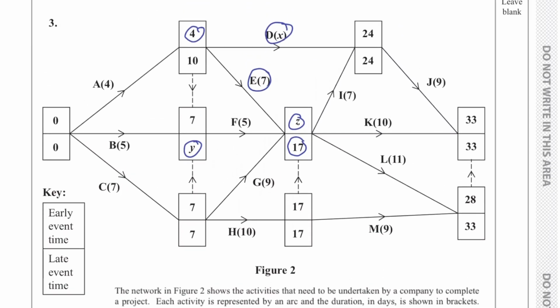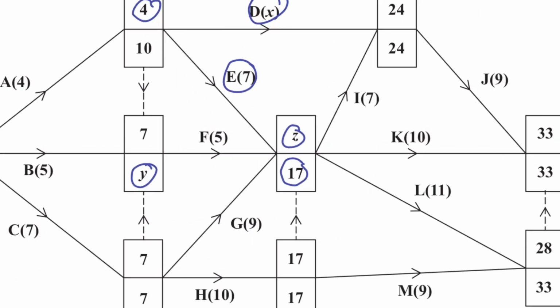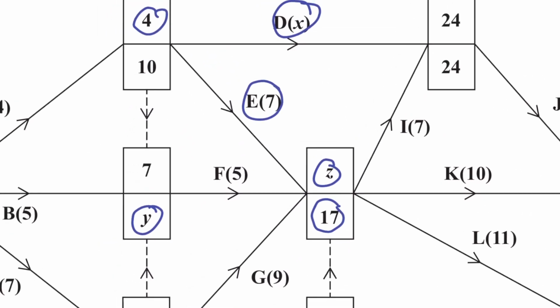Now we need to find the late time for Y and the early time for Z. So let's look at Z over here. When picking the early time, we need to pick the biggest value, and when picking the late time, we need to pick the smallest value.